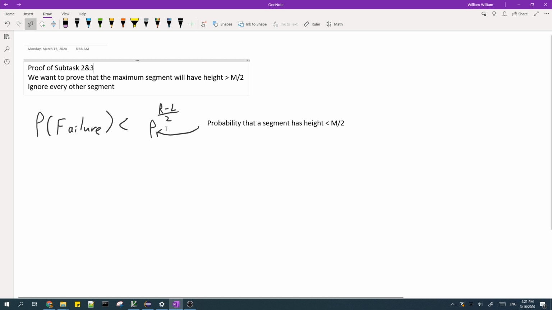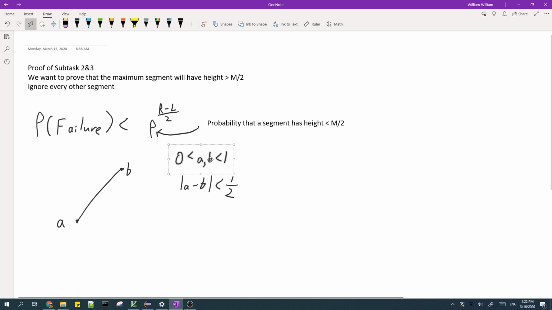So P is the probability that a segment has a height smaller than m divided by 2, and then the exponent is just the number of segments that we're considering. And now we need to calculate what P is. So if we have a segment which has, for the first point, a height of A, and the second point, a height of B, and if we divide A and B by n, then we know that A and B have to be between 0 and 1.